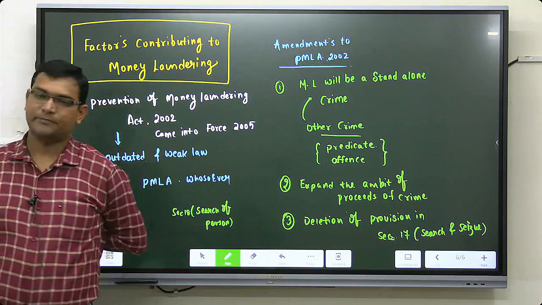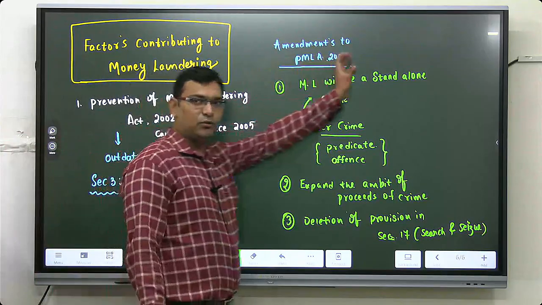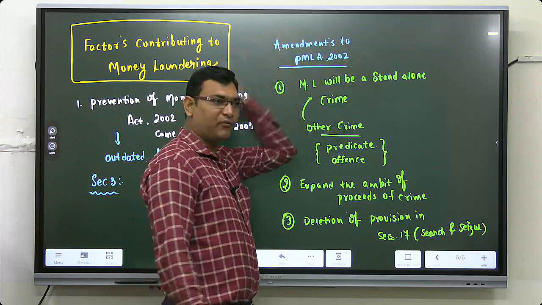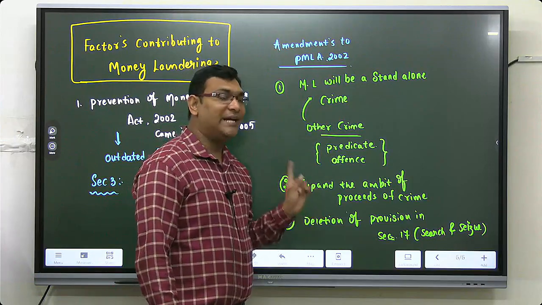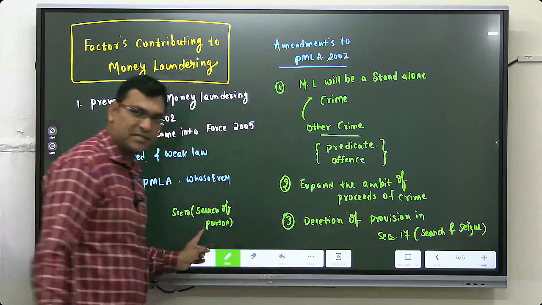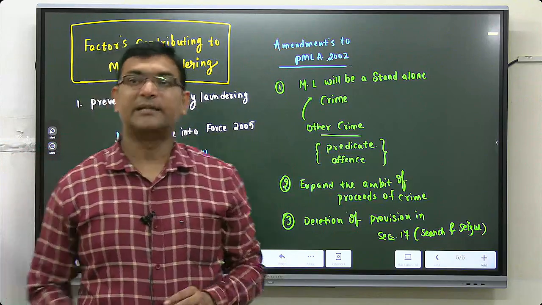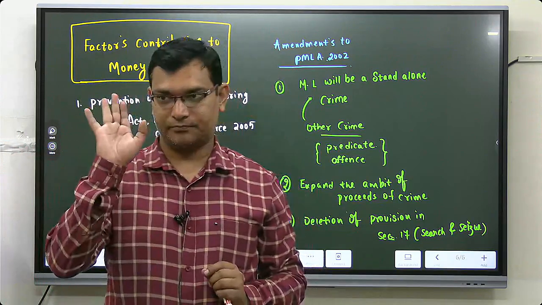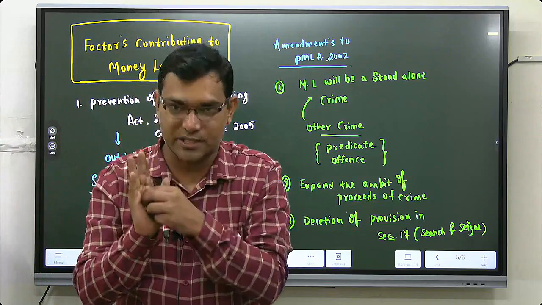So simply, before that amendment, if ED had to carry out a search or seizure, or search a person, based on enforcement or money laundering cases, they needed to take the FIR into consideration.